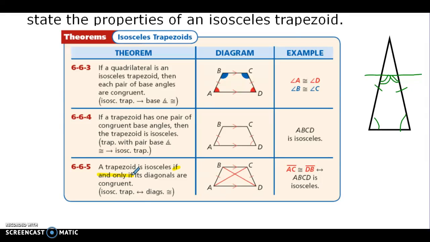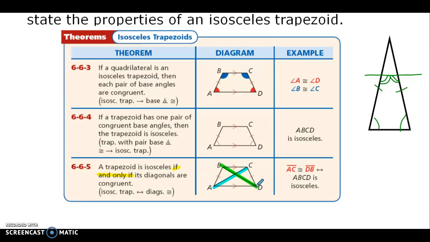That means it's a true sentence forward and backwards. So I can read this as two separate ones. If a trapezoid is isosceles, then its diagonals are congruent. Going backwards, if the diagonals are congruent, then the trapezoid is isosceles. So basically what that's saying is that CA is congruent to BD.